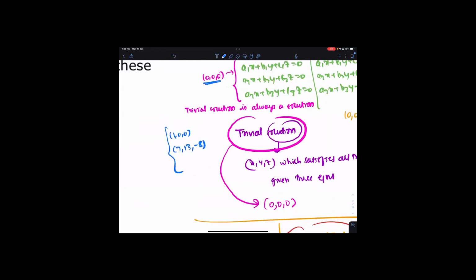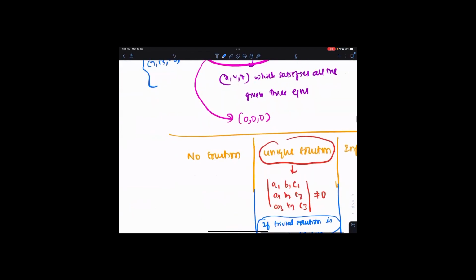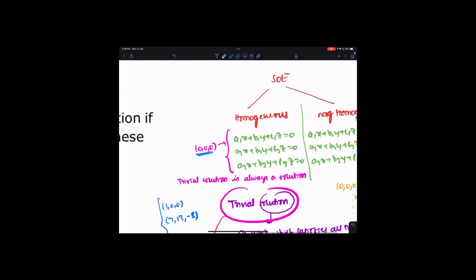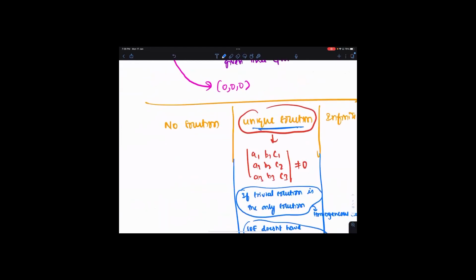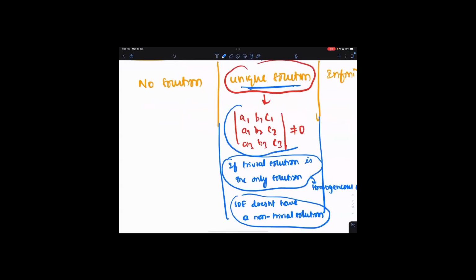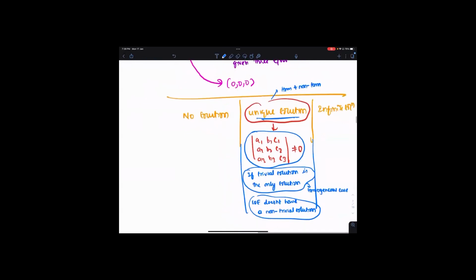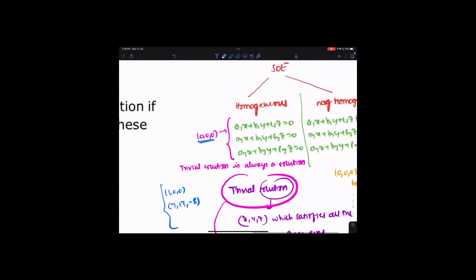Now, when I say the equations have a unique solution, whether it is homogeneous or non-homogeneous, for unique solution the condition is the det must be non-zero. That's all. In the homogeneous case, what is meant by unique solution?